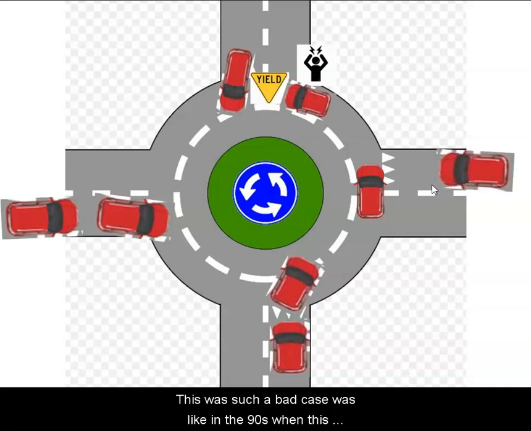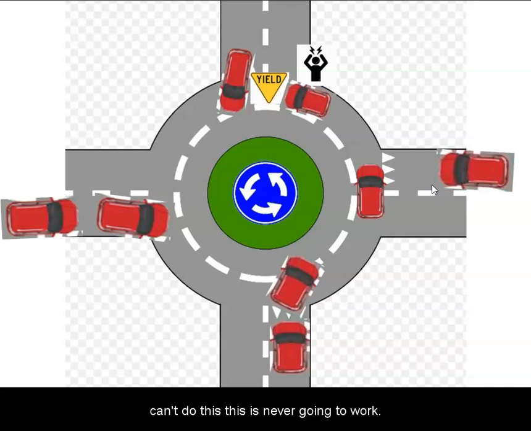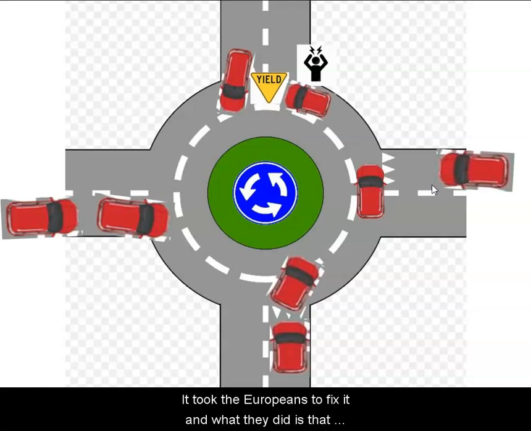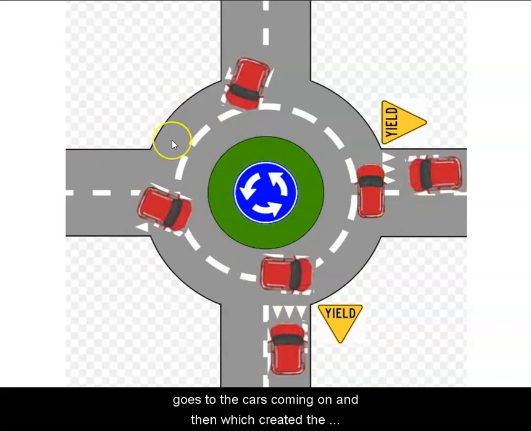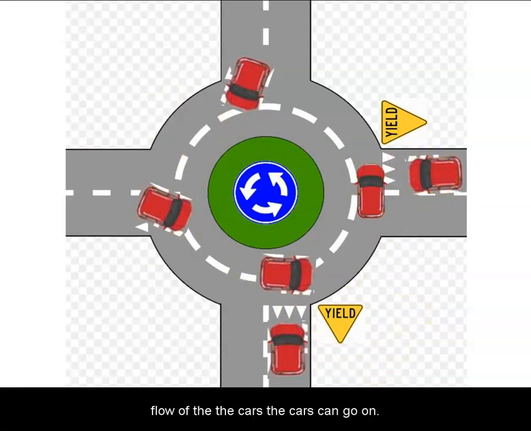This was such a bad case, in the 1900s when this was first developed with this particular yield structure, that Americans just got tired of it. It's like, we can't do this. This is never going to work. It took the Europeans to fix it. The Europeans changed the yield structure, so the yield now goes to the cars coming on, which created the flow of the cars.